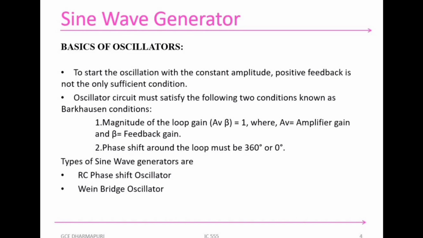To start the oscillation with constant amplitude, a positive feedback is not the only sufficient condition. It has to satisfy two conditions. One is that the magnitude of A beta is equal to 1, where A beta is called the loop gain, and the phase shift around the loop must be 360 degrees or 0 degrees.